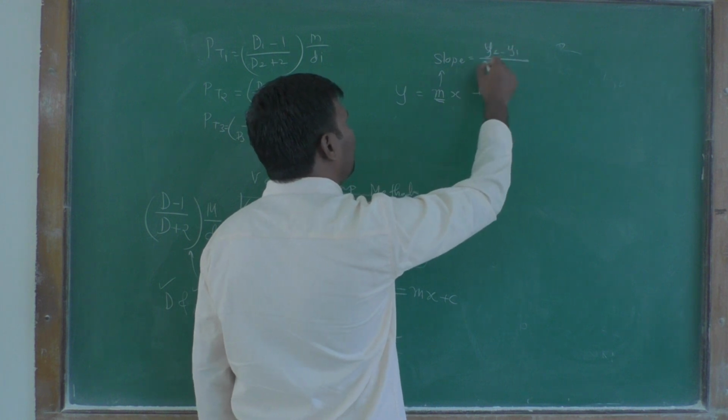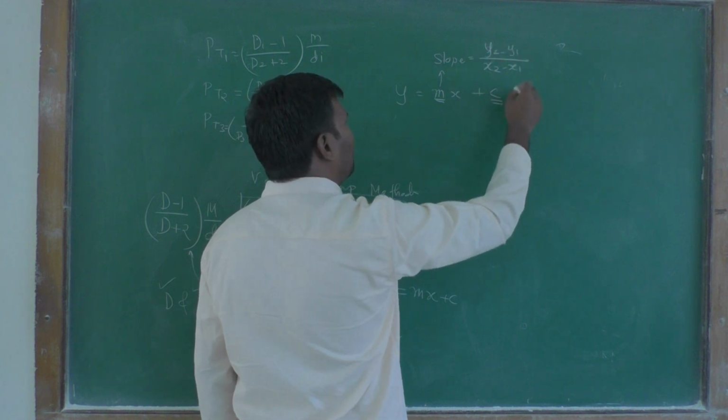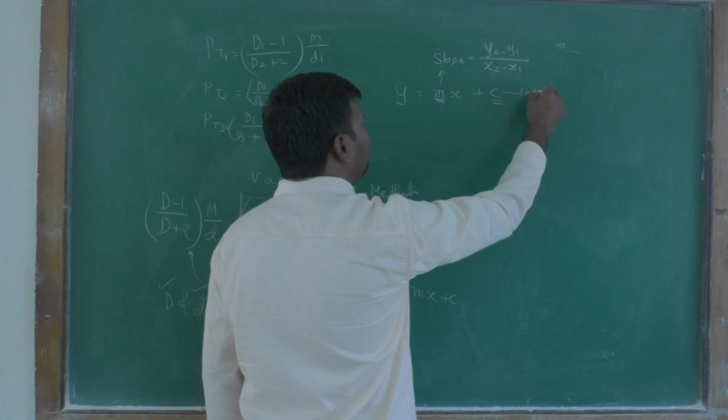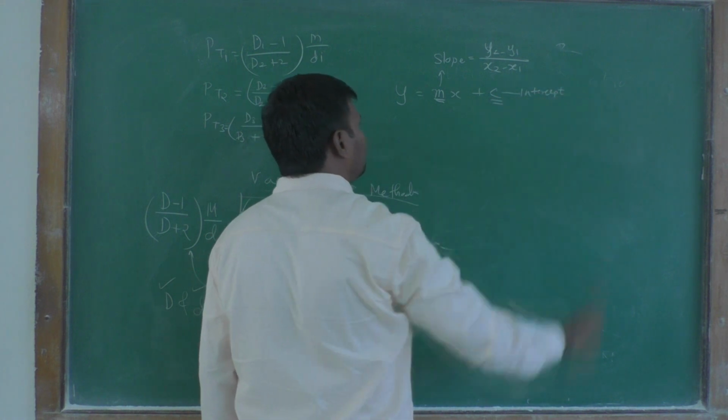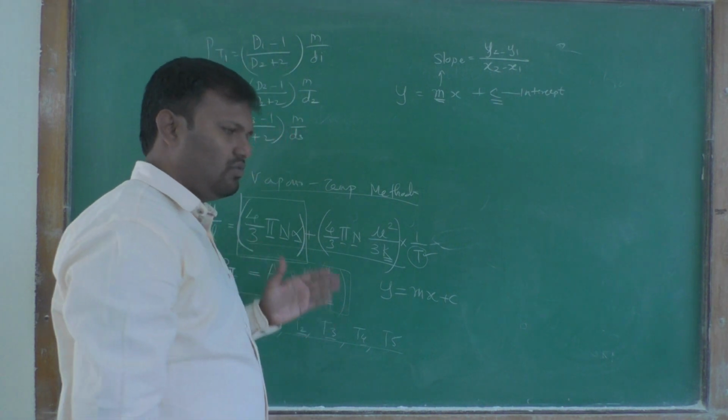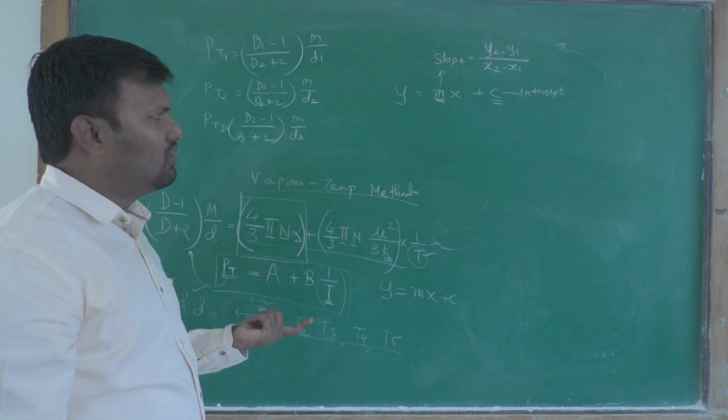If you draw the graph, that is the formula we use, and intercept means the point where the line cuts the axis.